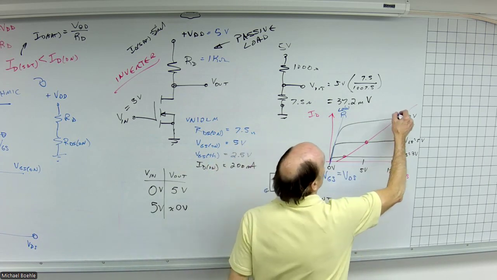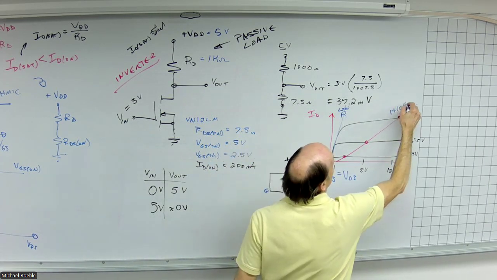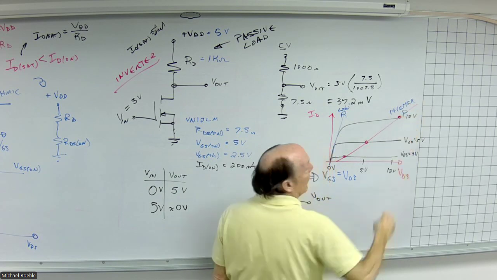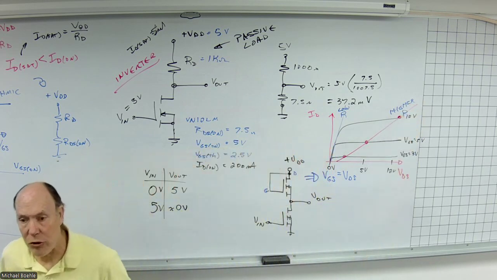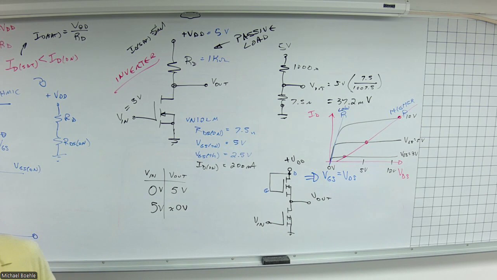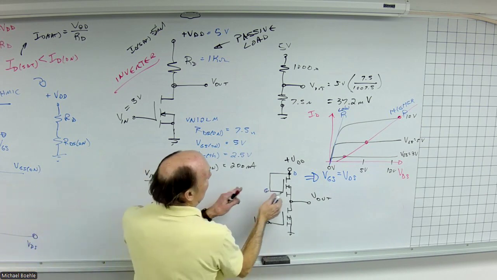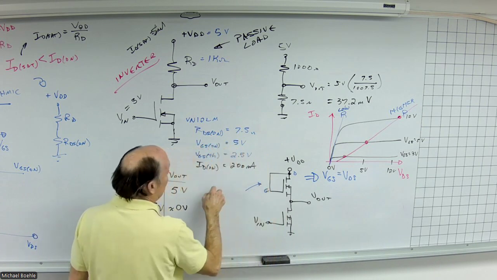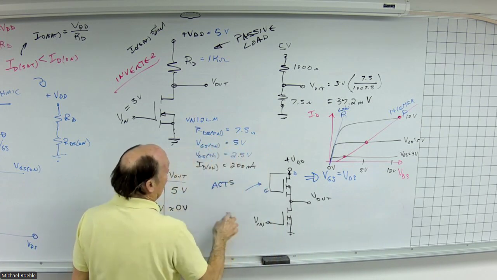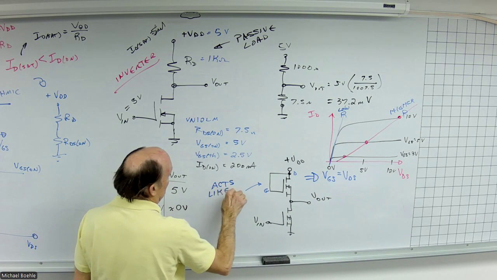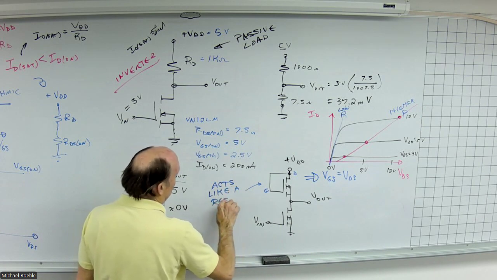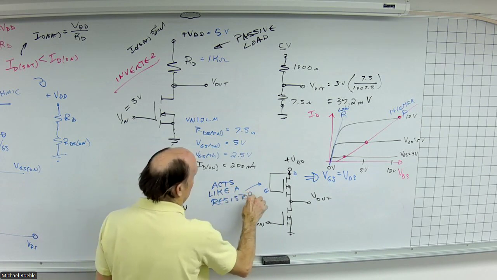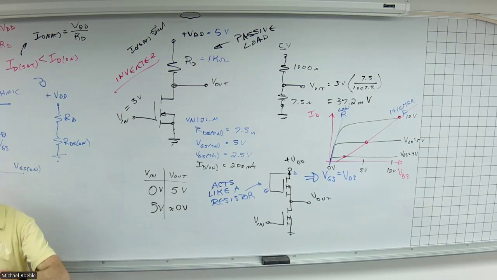So this is a higher resistance, inversely proportional. So basically what happens is when I operate in this configuration, this transistor acts like a resistor. The exact amount of resistance just depends on the transistor itself.